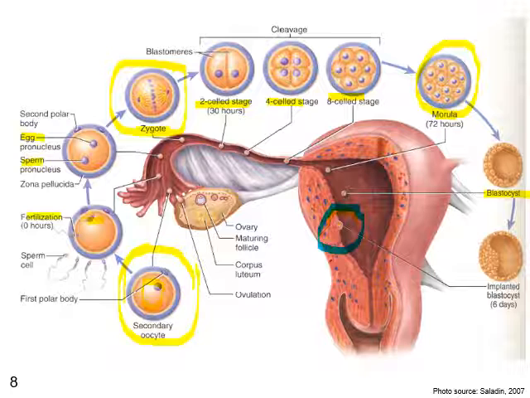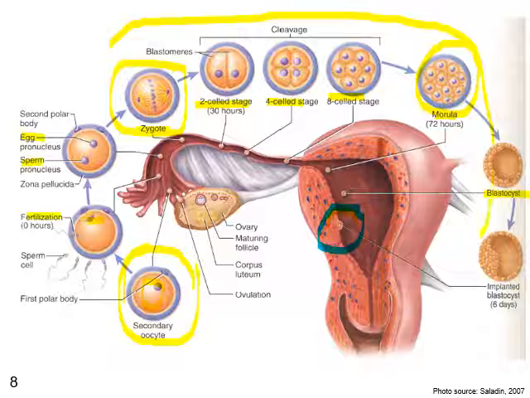So this whole process, this development from one cell into a morula, into a blastocyst, and then into an implanted blastocyst, and then into the embryo, that developmental biology is a whole course, which I don't have time to go into. For our purposes, what we need to know is that a blastocyst implants in the uterine endometrium.